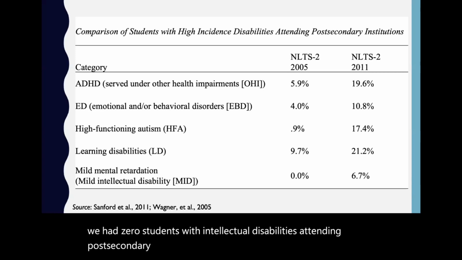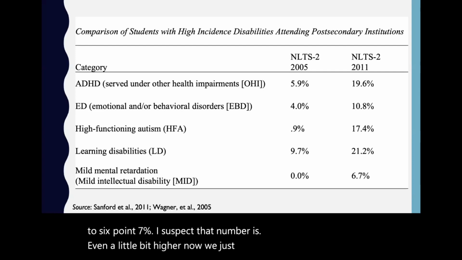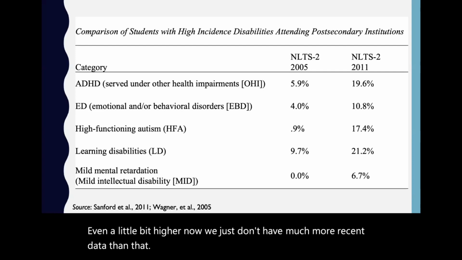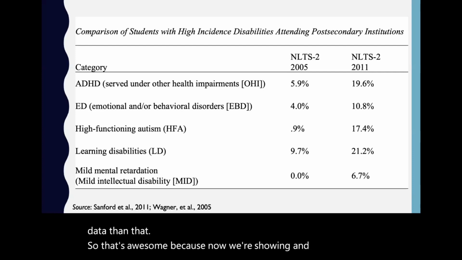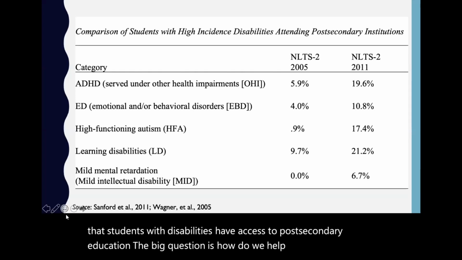And in 2011, data show that that number jumped up to 6.7%. I suspect that number is even a little bit higher now. We just don't have much more recent data than that. So that's awesome because now we're seeing that students with disabilities have access to post-secondary education. The big question is, how do we help them succeed?